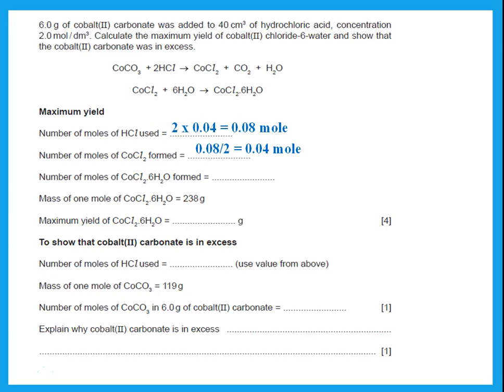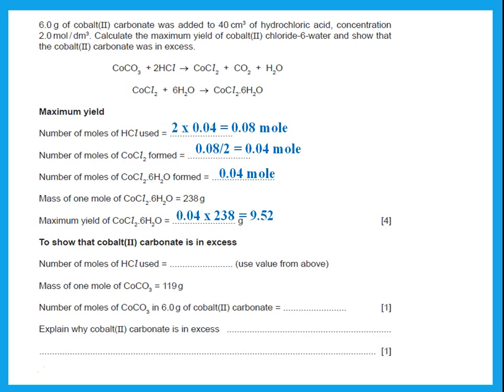So that means that the number of moles of cobalt chloride 6 water is still the same as that of cobalt chloride. Now, if the mass of 1 mole is 238, what would be the mass of cobalt chloride 6 water? The mass will be number of moles times Mr, which is 9.52 grams.